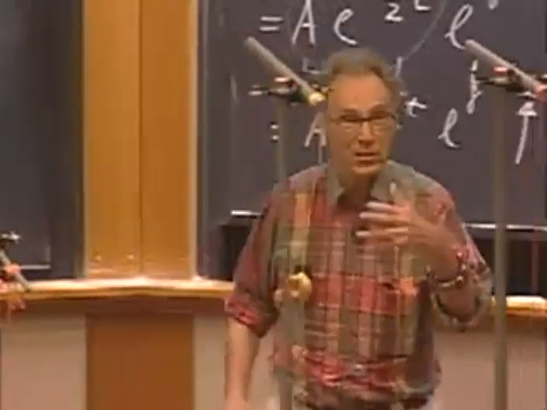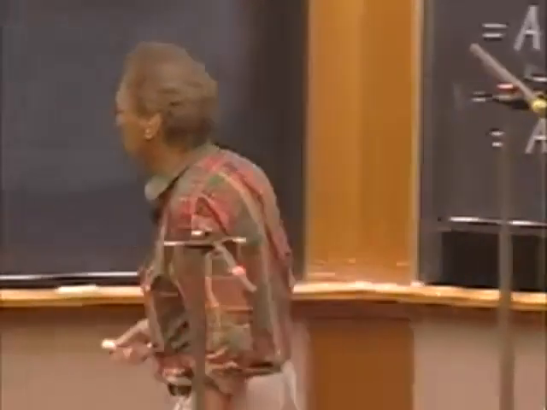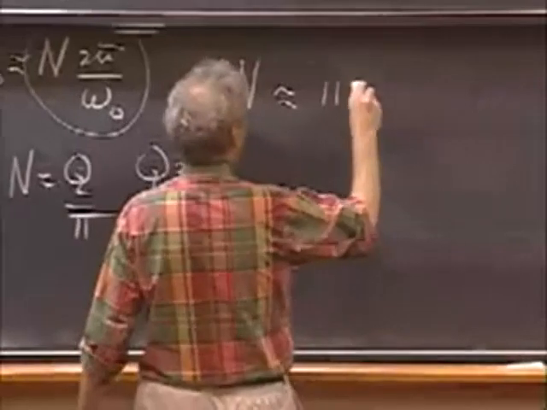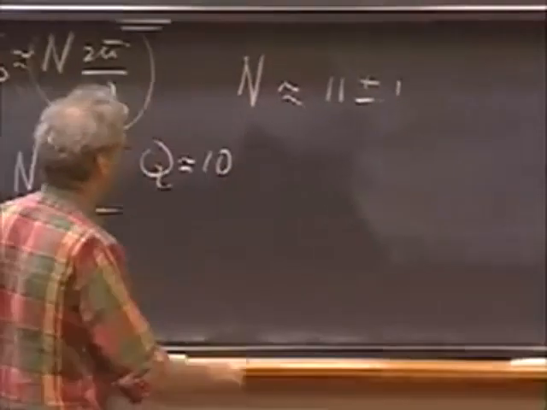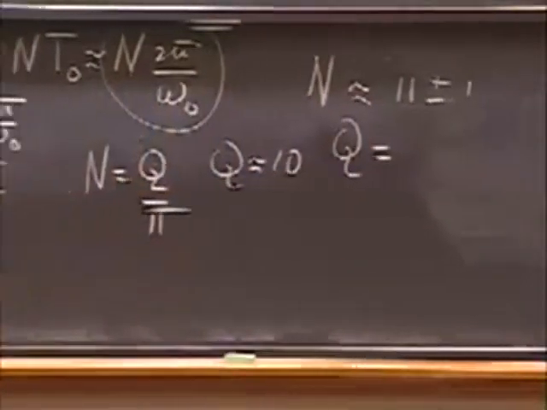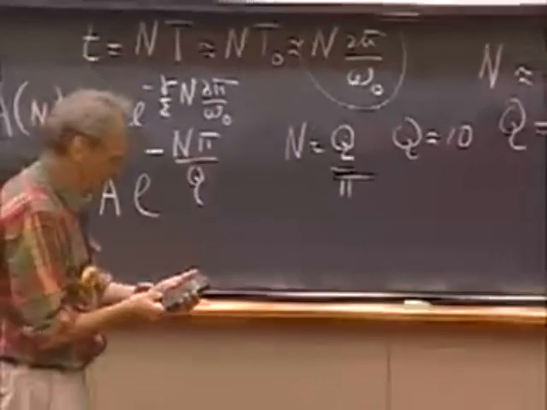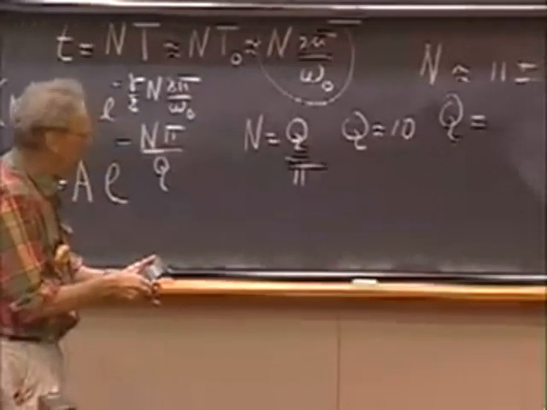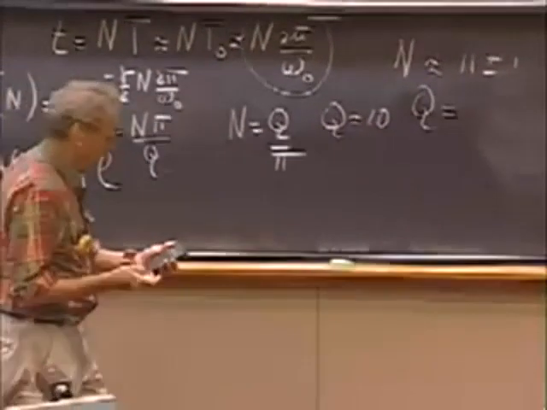And I don't know why you didn't scream stop, but that's your problem. So n is about 11, maybe plus or minus 1, 10% uncertainty. And so Q then is about pi times higher. It's a crude measurement, but very roughly you would get then times 11, you get about 35.